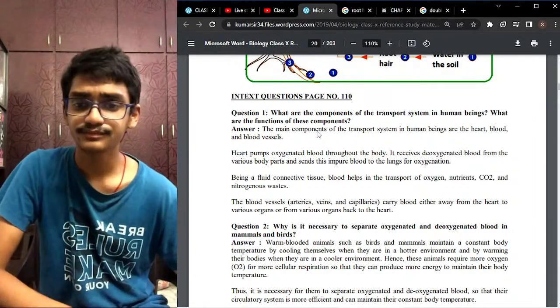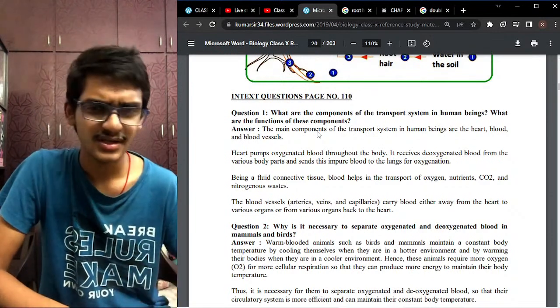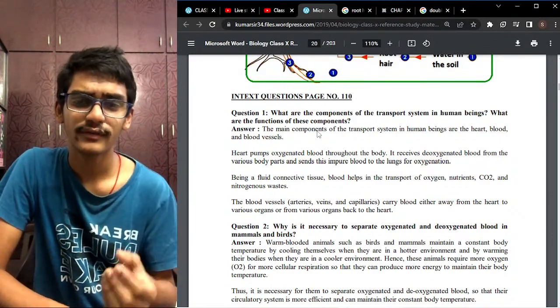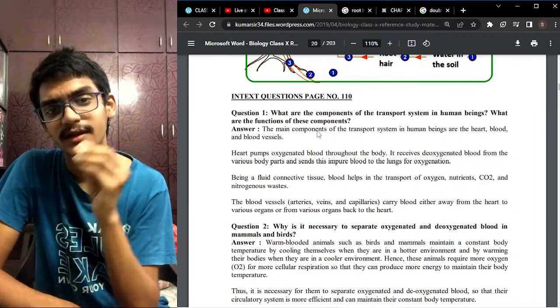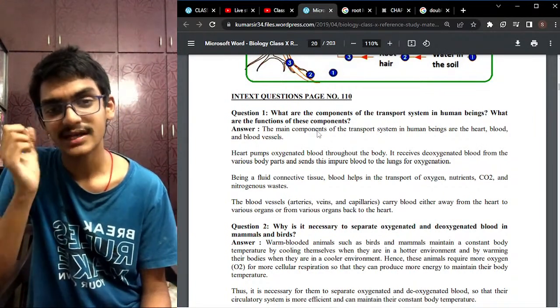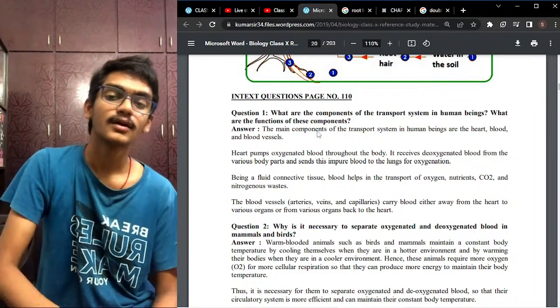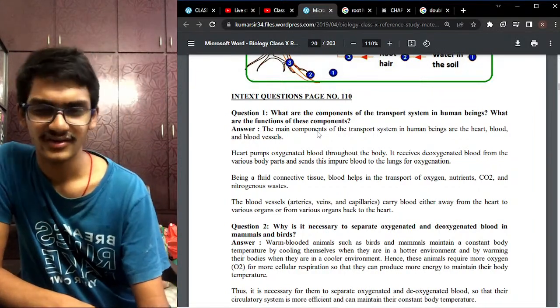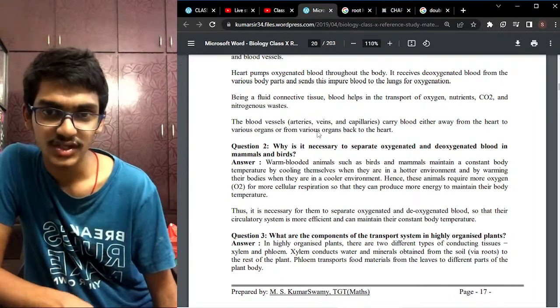You can mention the double circulation also: it transports deoxygenated blood to the lungs, and the oxygenated blood returns to the heart, and then goes to the different parts of the body. The heart is always continuously pumping, because of which it purifies the blood. You can mention any one point if it is asked for a 3-mark question.